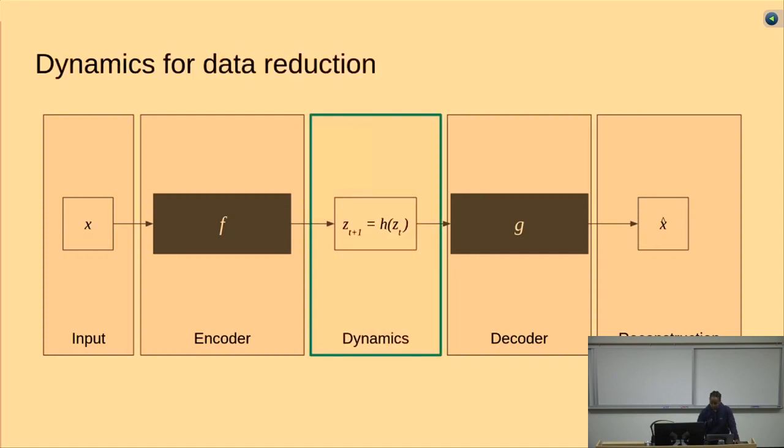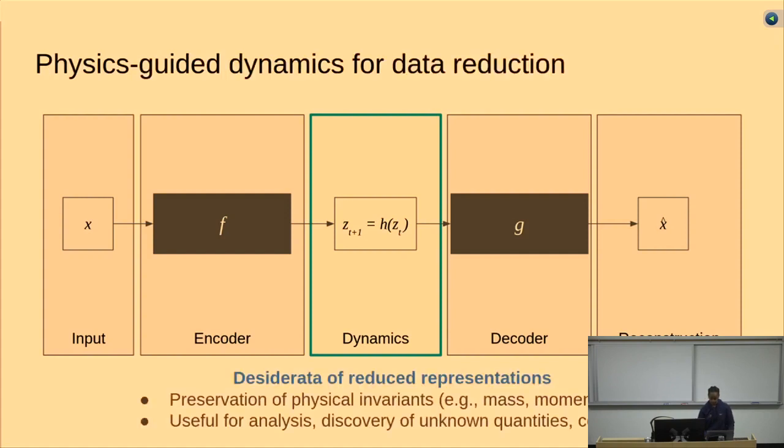Okay, so with a model of the reduced dynamics, we can estimate future reduced representations without requiring additional samples from the high-dimensional input space. Moreover, modeling the dynamics can encourage retention of pertinent high-level information in the reduced representation. This is particularly important when we're thinking about using scientific data. For scientific data, we really need methods that can reduce the data dimension while retaining important high-level information.